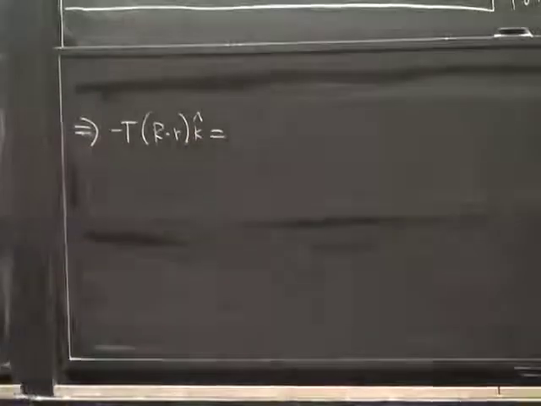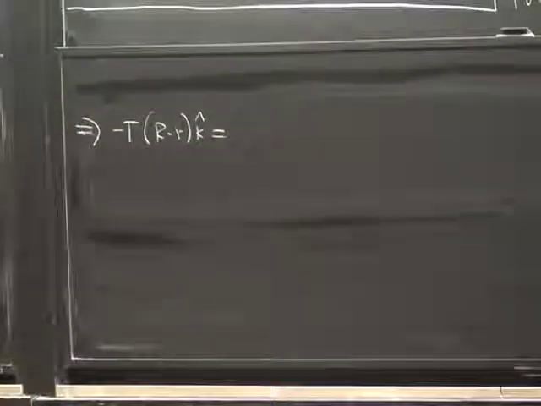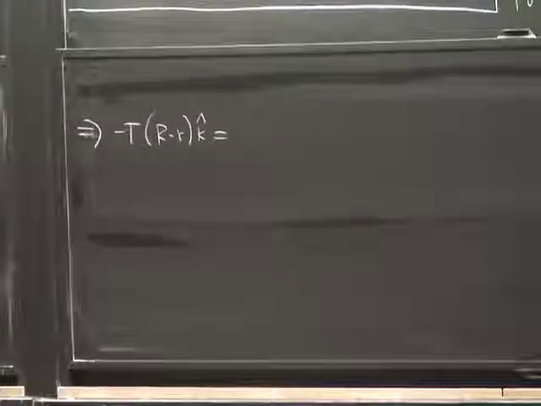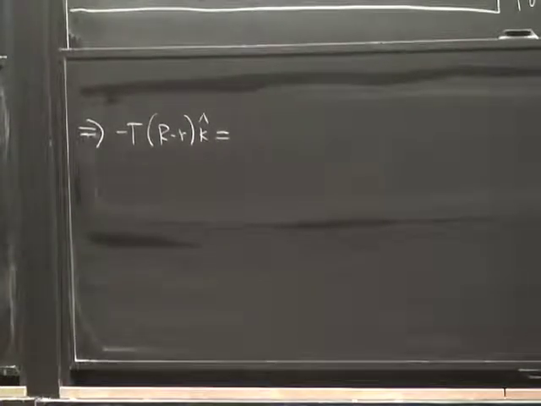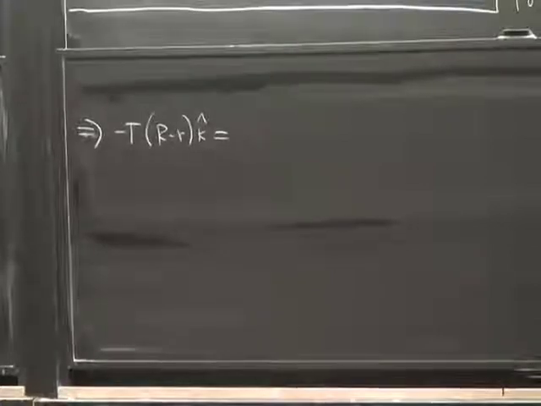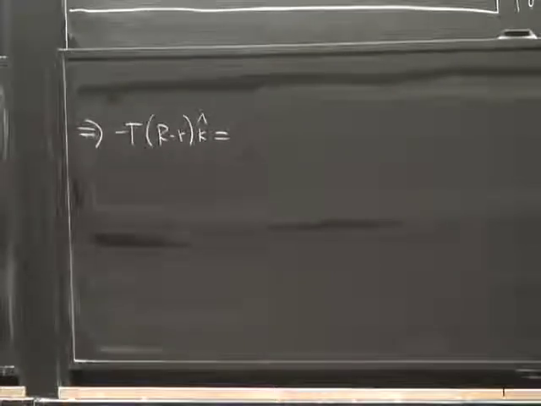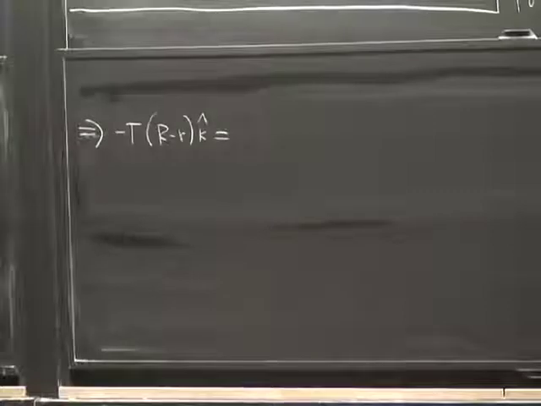On the right-hand side, we have a j crossed with i. J crossed with i is what? One, two, three. J crossed with i is? Okay, so we have a negative k, which gets mixed together with this negative k. So we have 2 negative k terms.